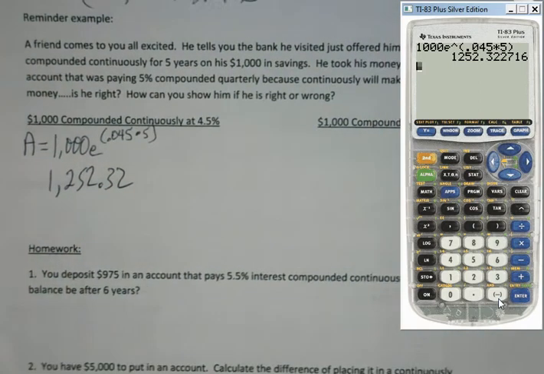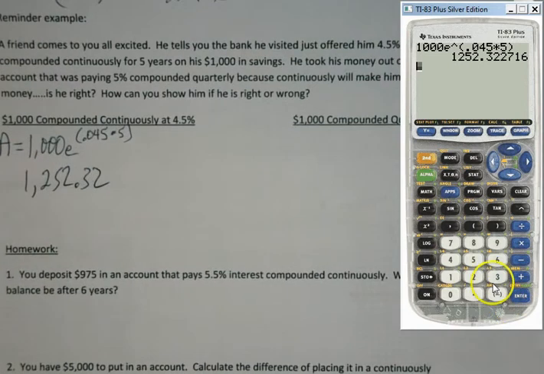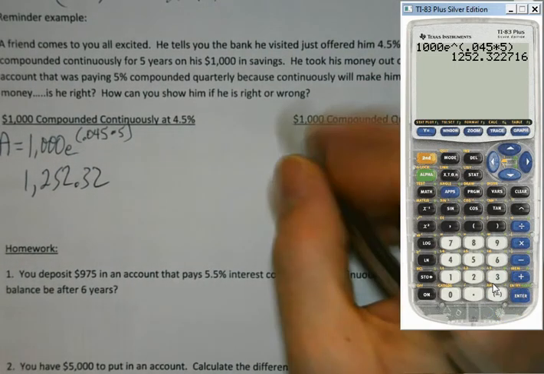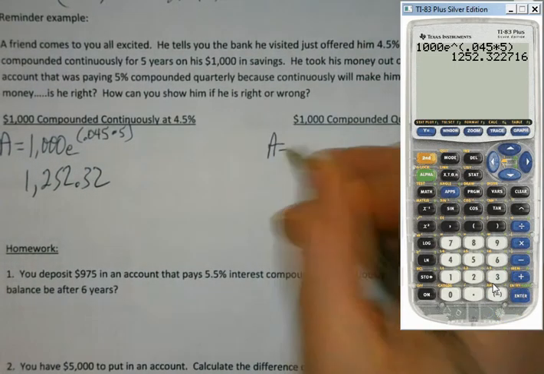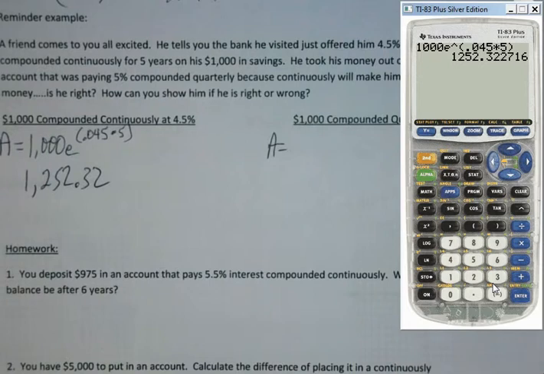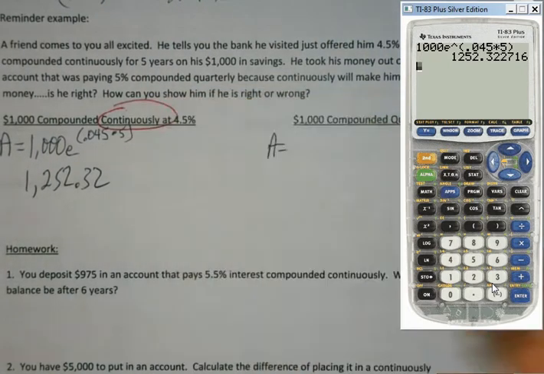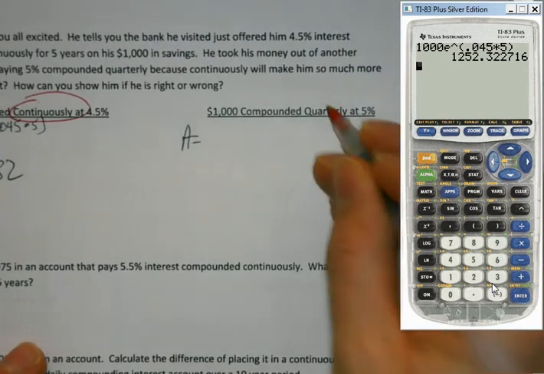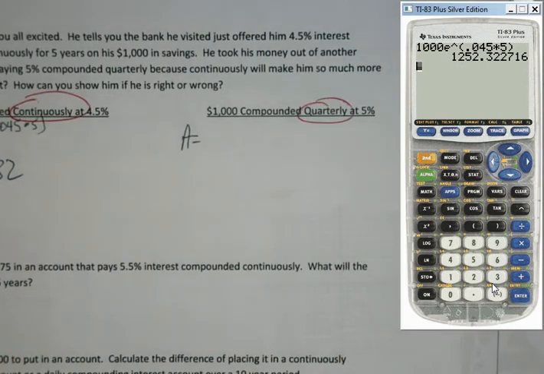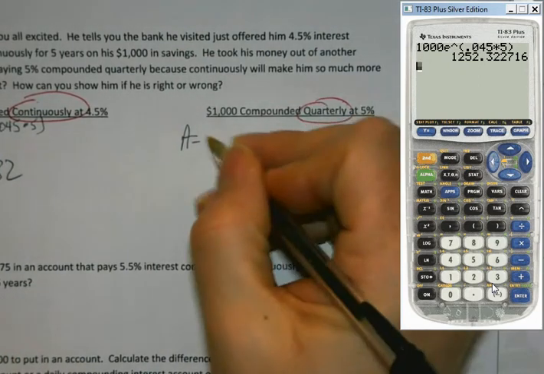So I'm like, all right. So then I need to check his other. But now again, the formula won't be the same, because I'm not compounding continuously now, which is the key right here. Now I'm compounding quarterly. So, different formula.